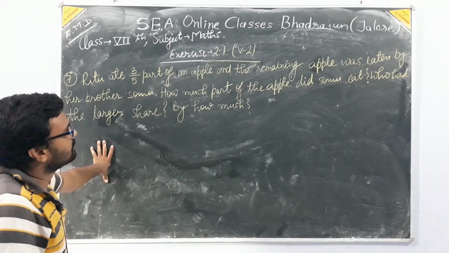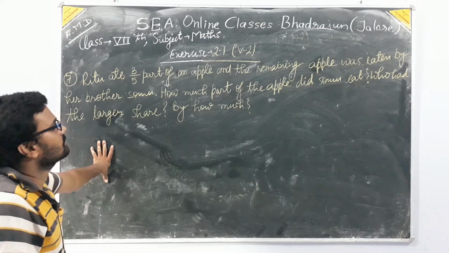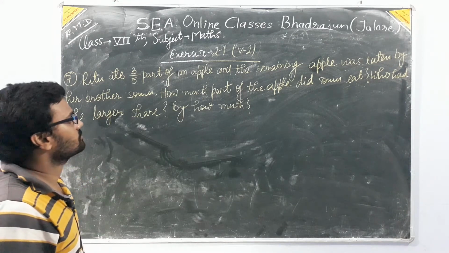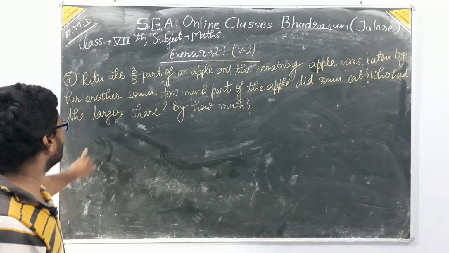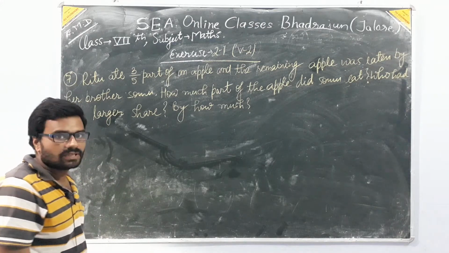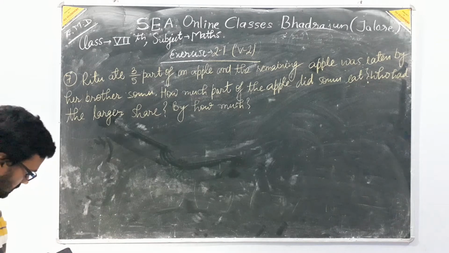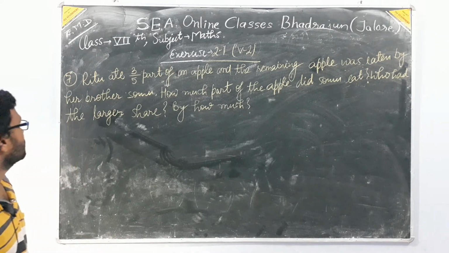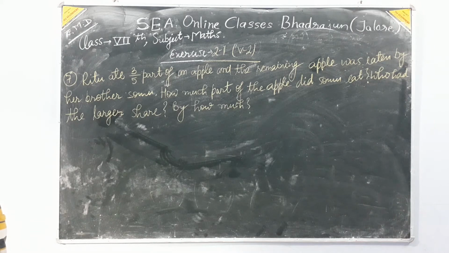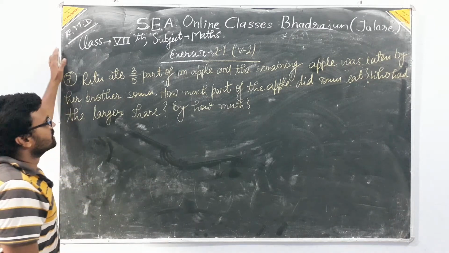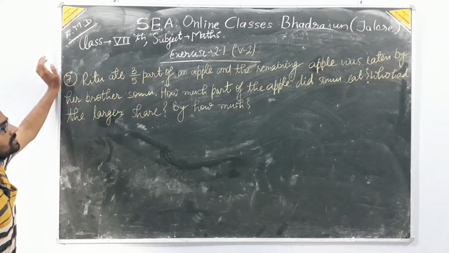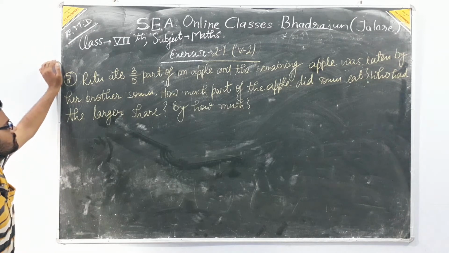How much part of the apple did Somu eat? Who had the larger share? By how much?